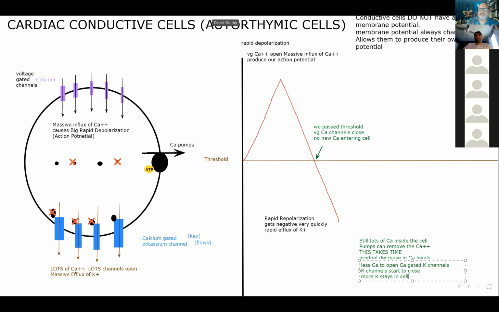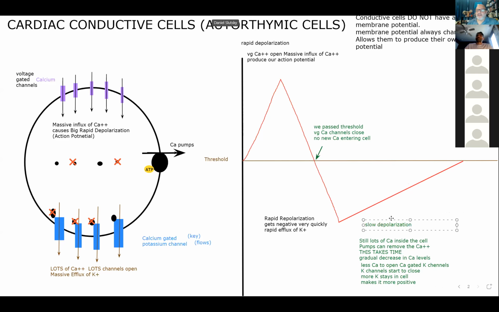And if more potassium stays inside the cell, what does that do to the cell? Makes it more positive. Yeah. And so what happens as a result of this is we get a slow depolarization. These potassium channels are slowly closing.